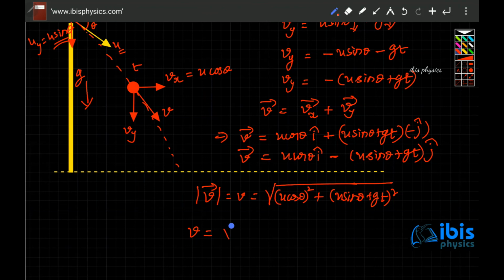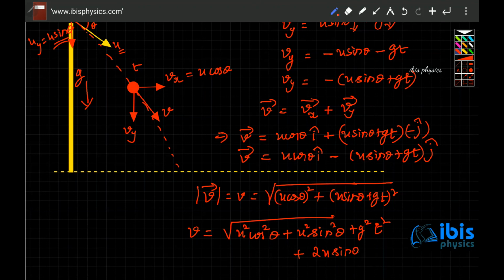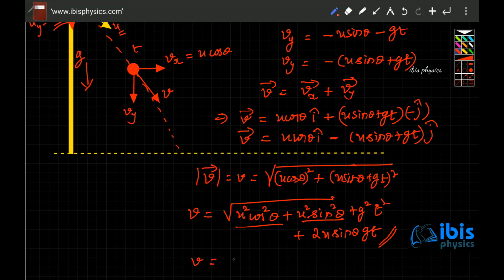So v equals root over u square cos square theta plus u square sin square theta plus g square t square plus 2u sin theta gt. You can write this as root over u square plus g square t square plus 2u gt sin theta. That is the magnitude of the velocity.